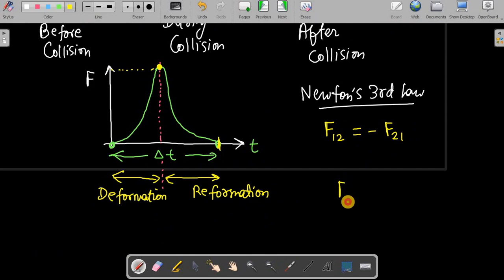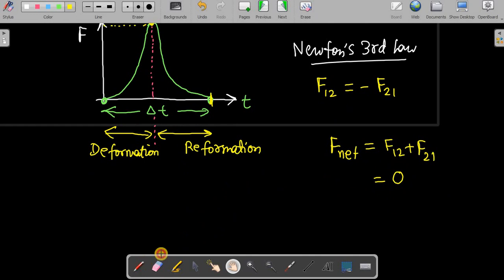So the net force on the system is F12 plus F21, and it is going to be 0. Because the net force is 0, delta P by delta T is 0, where delta P means the system momentum. So you can see there is no change in the system momentum.